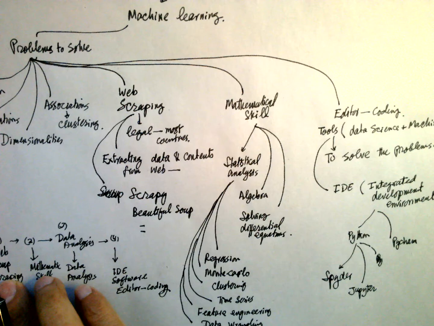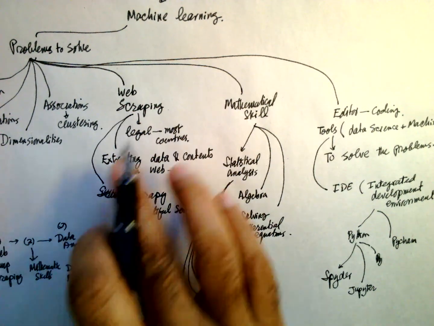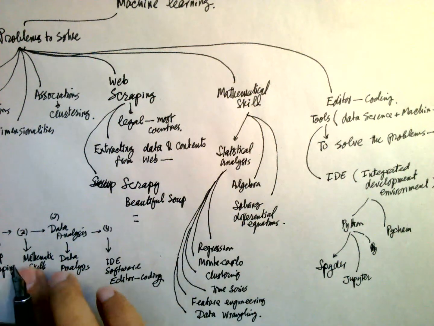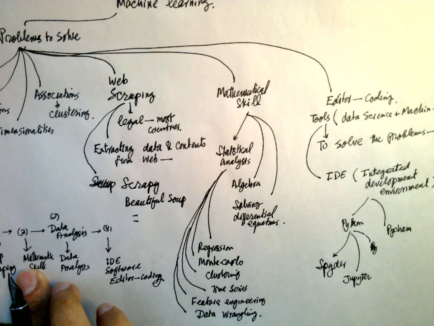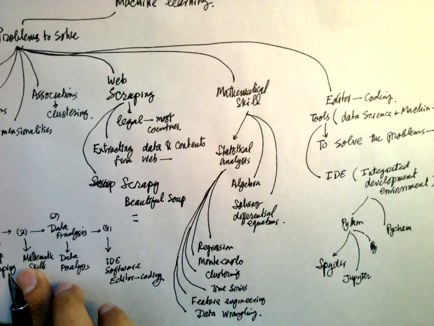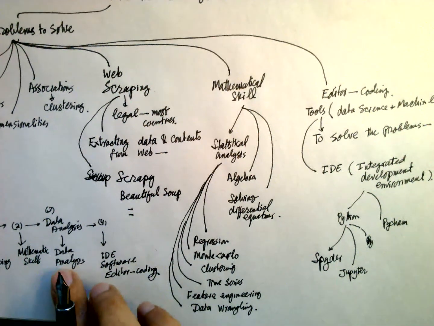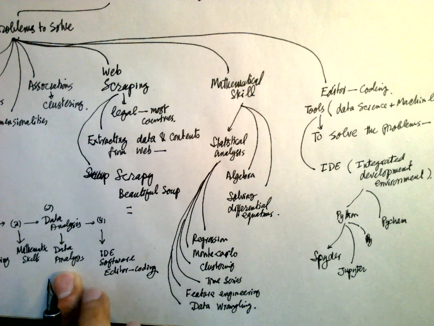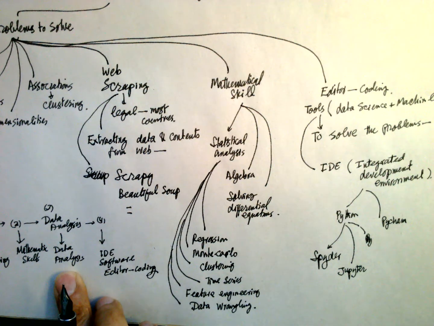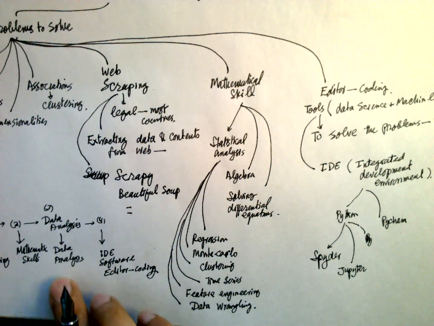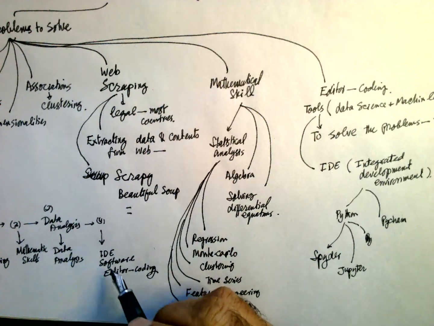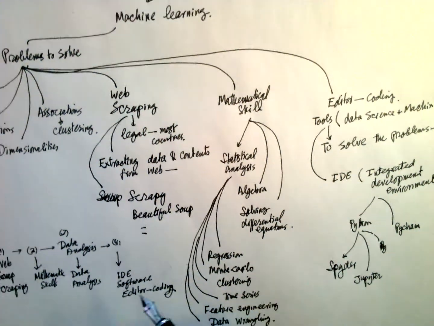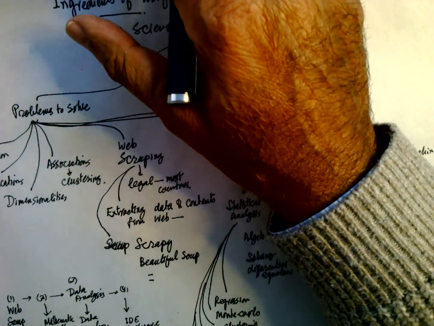First of all, we need data from web scraping, then a mathematical tool to solve the problems, whether differential equations or others. Then data analysis, we need some kind of tools, and number four is the IDE. These will help us in detail.